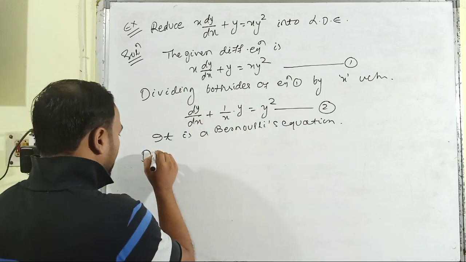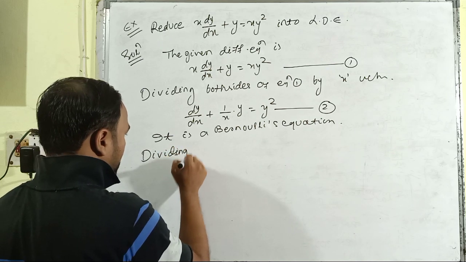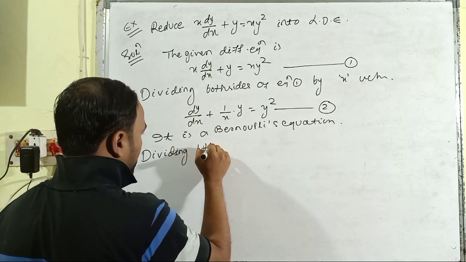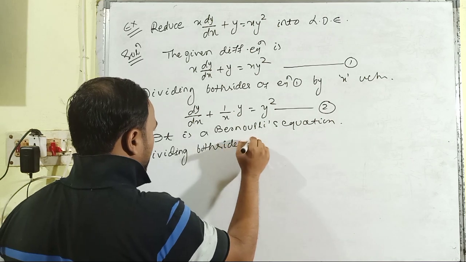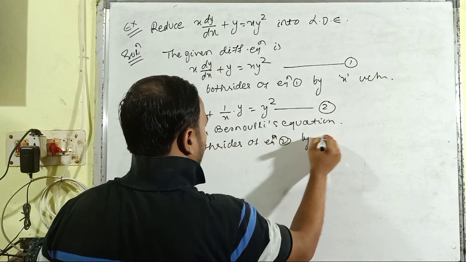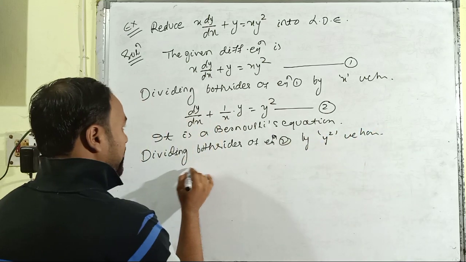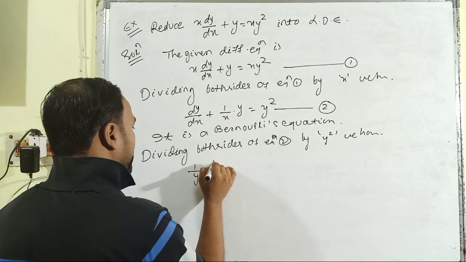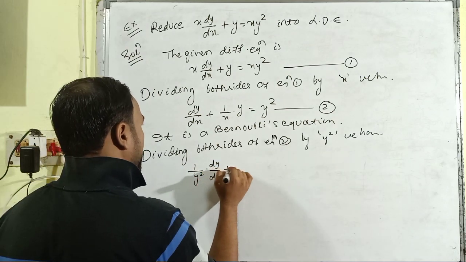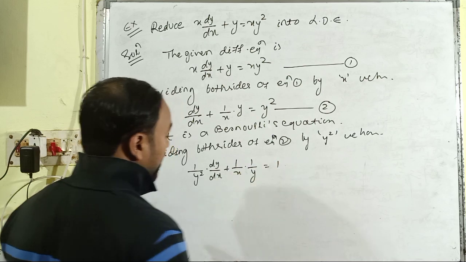So dividing both sides of equation 2 by y square, we have 1 upon y square dy upon dx plus 1 upon x multiplied with 1 upon y is equal to 1.